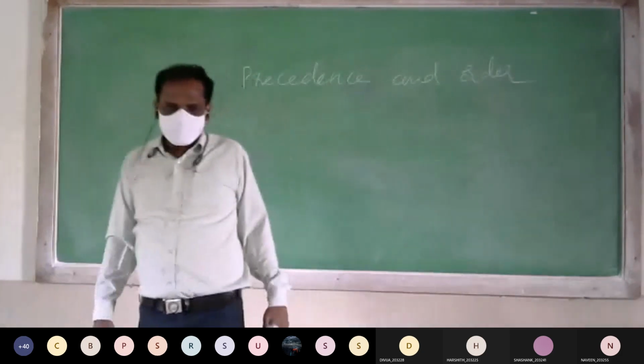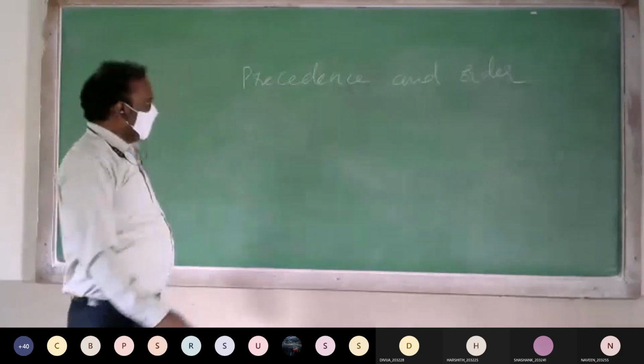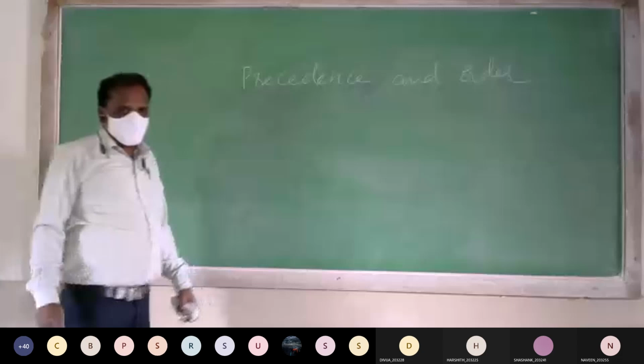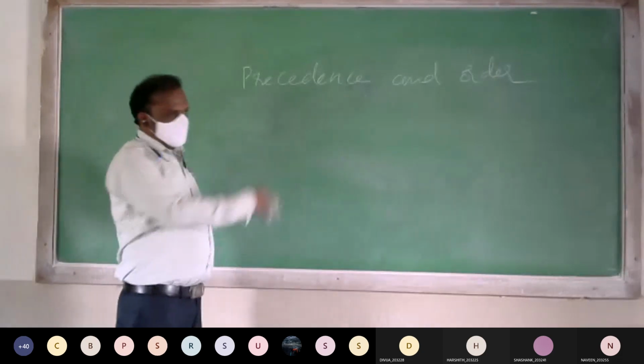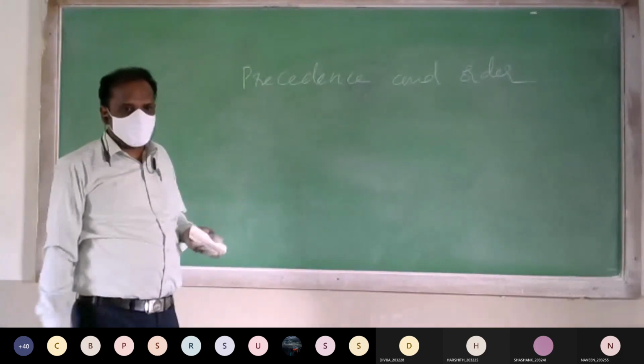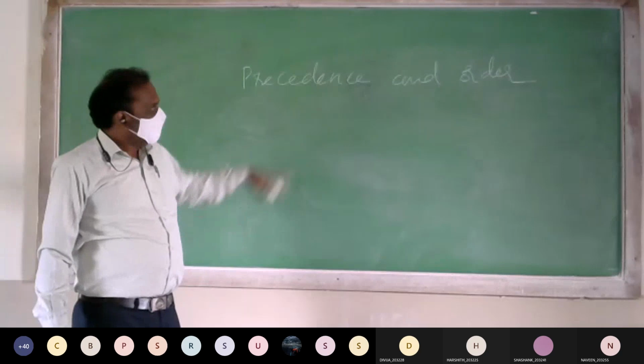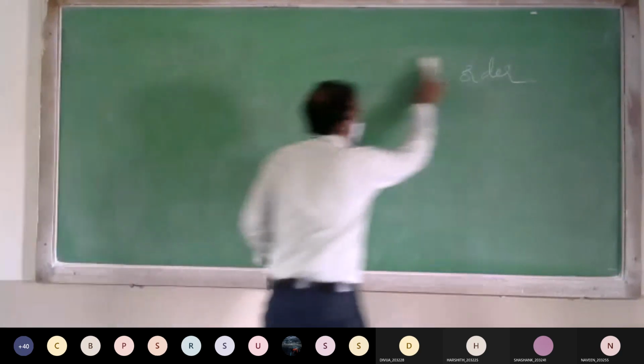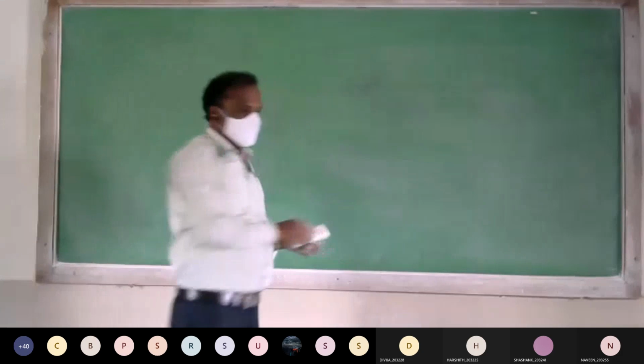We have discussed many operators. If in a statement many operators are there, which operator do we need to give first preference? That we shall discuss in the next class.